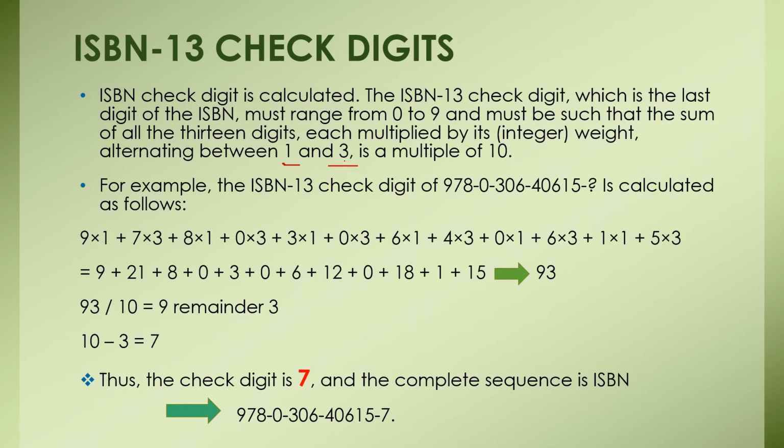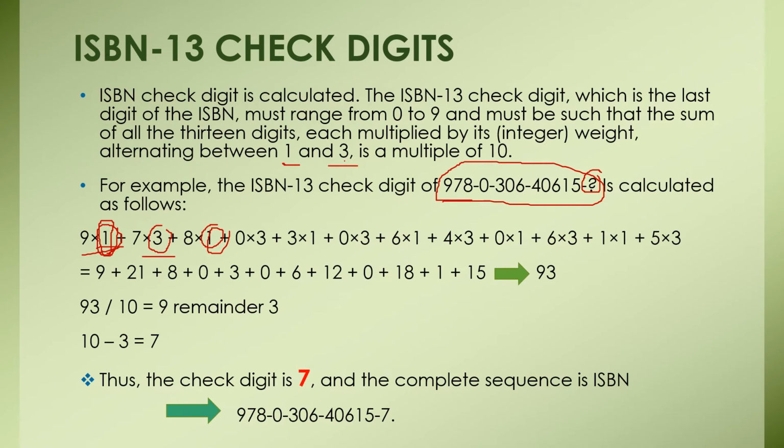So here, this is the given ISBN, and we're going to calculate the check digit. Notice that it is multiplied by 1 and 3 as mentioned earlier. And we're going to add all these products together.